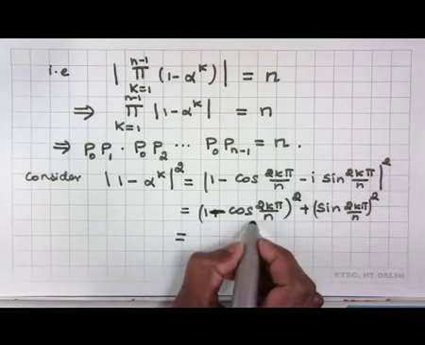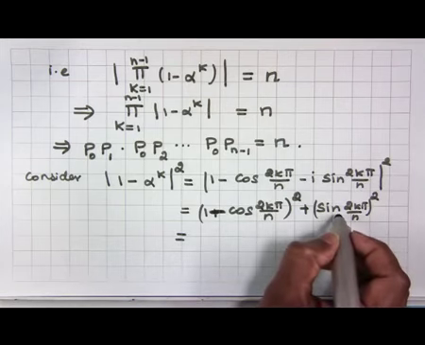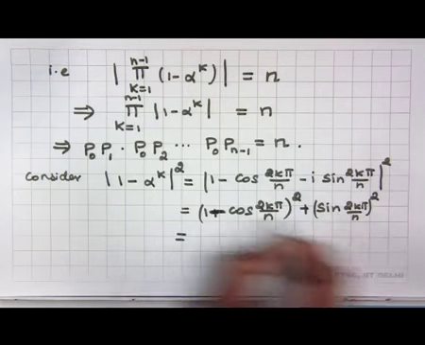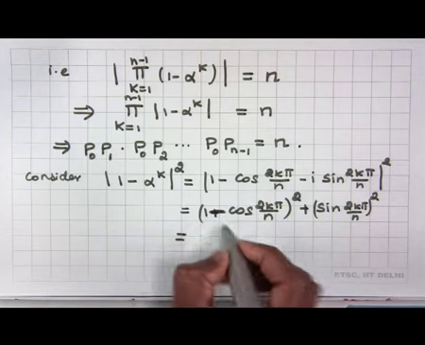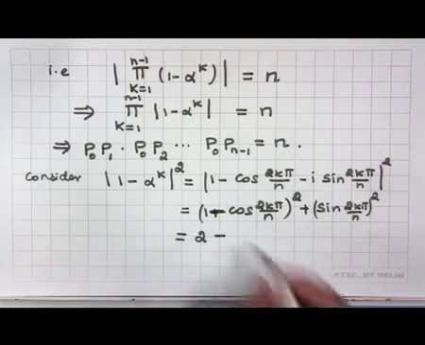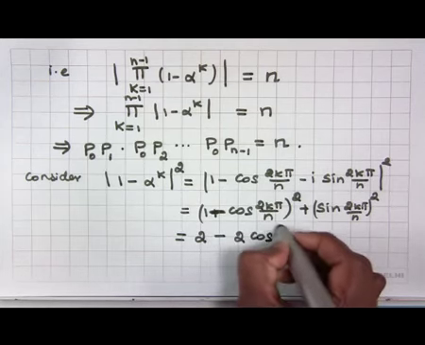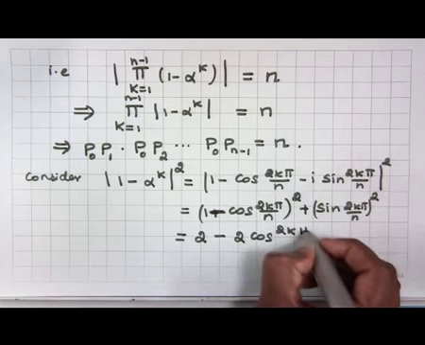Once we expand this, we get a cos square term and a sin square term that gives 1, and we have one more term 1 here. So, together we get 2 minus 2 times cos 2 k pi by n.